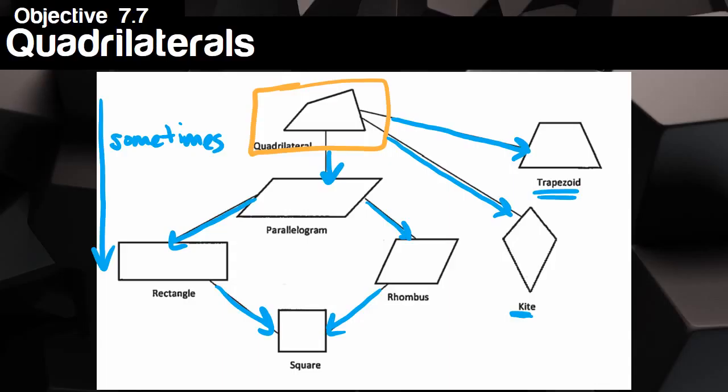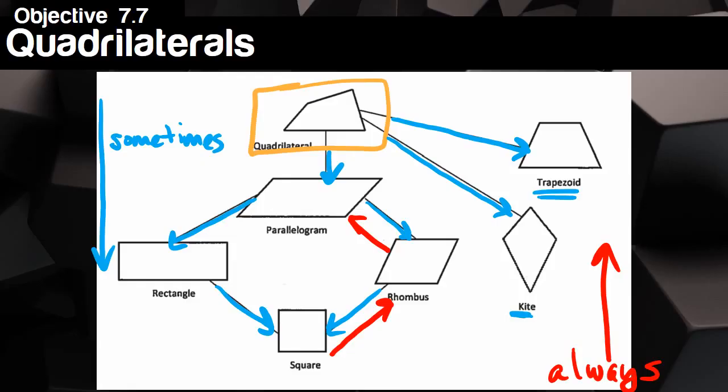Another key phrase that we're going to say, if we go up, is going to be always. So the way that this works is I can say that a square is always a rhombus. I can say that a rhombus is always a parallelogram. But I can say that a square is always a parallelogram because I'm going up in the chart.